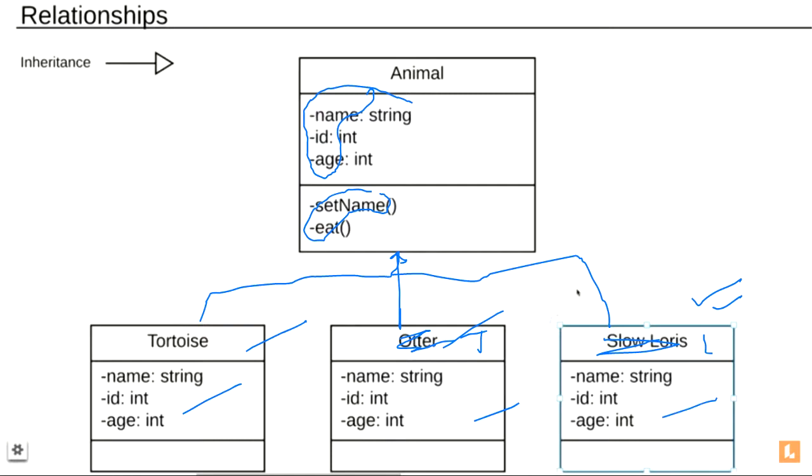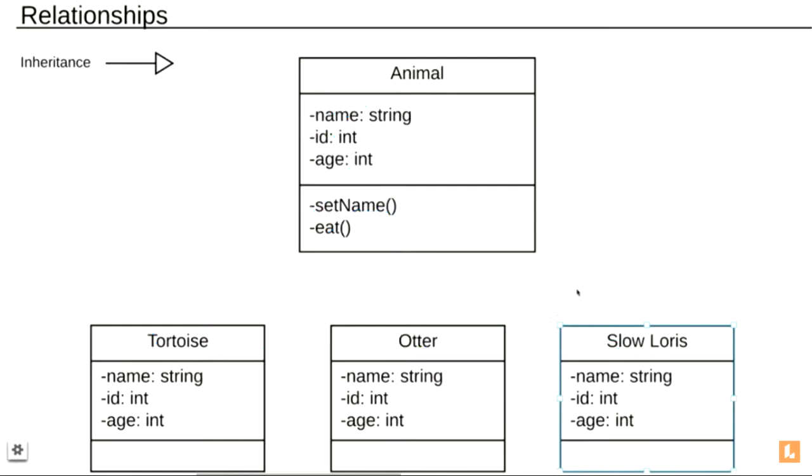Means tortoise will by default have this name, ID and age. अगर ये नहीं करते, if you don't do inheritance, तो आपको you have to write these three things again in tortoise, again in lion, again in tiger. Unnecessary repetition of work will be there, right?